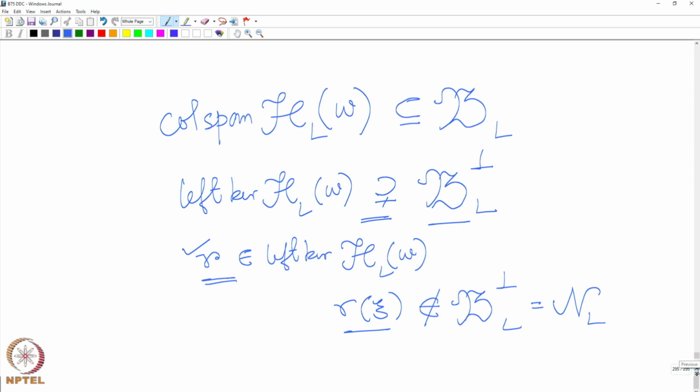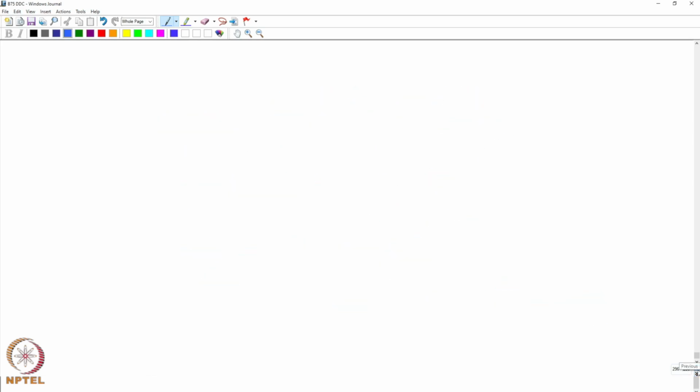It's best to go to a situation where things have settled down, namely, if n is the order of the system, that means the number of state variables in a minimal state space representation, we go to the L plus n order of all Hankel matrices.